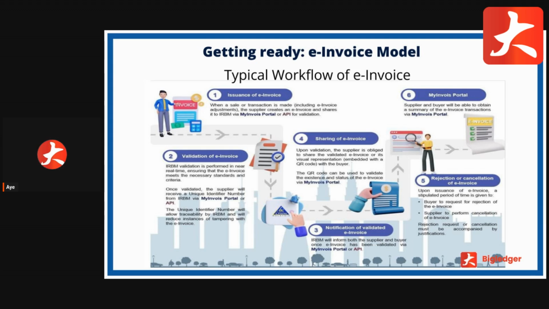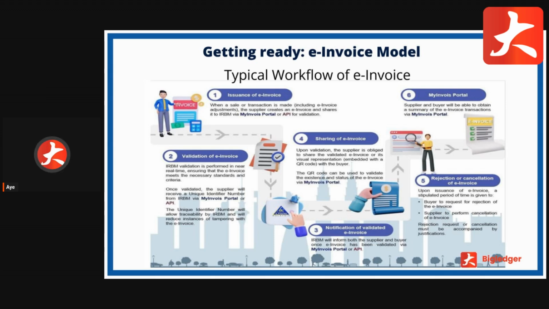Step 4 is you need to share the e-invoice with your customer. Next, your buyer or you have the option to reject or cancel the e-invoice within 72 hours. If your buyer requests to cancel the e-invoice, you have the option to accept the rejection or reject the rejection.